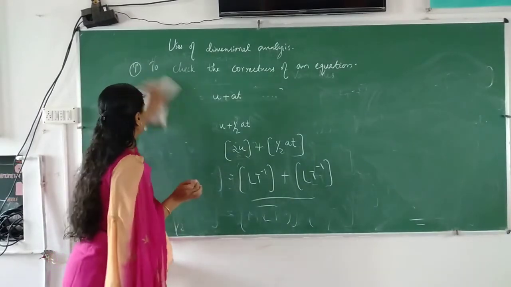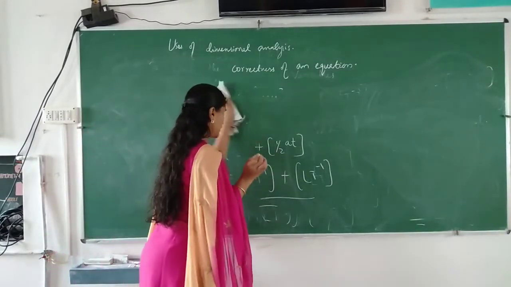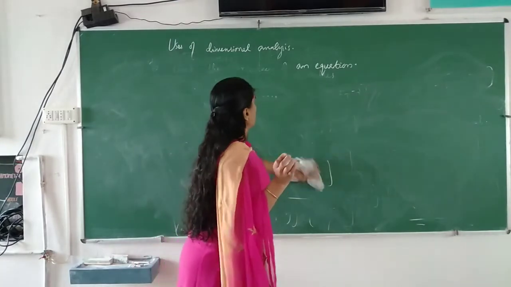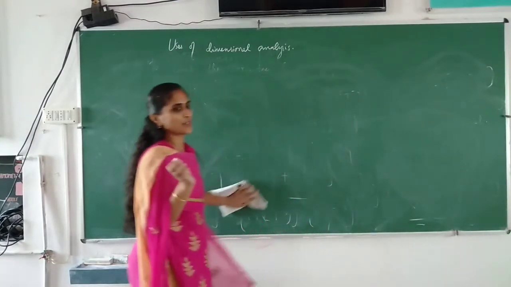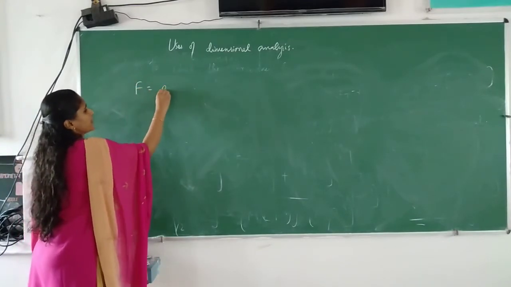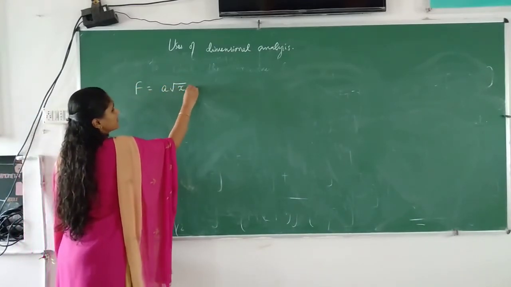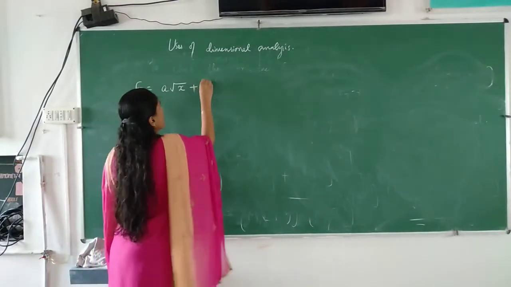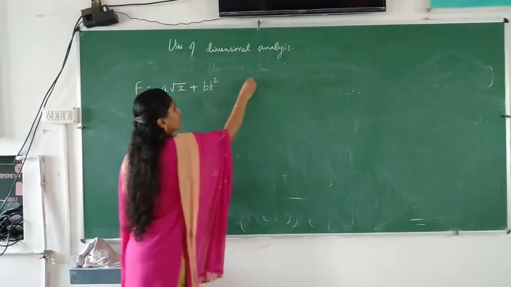So one or two questions we will discuss and wind up the session. One question is that force is given by F is equal to A root x plus B t square.